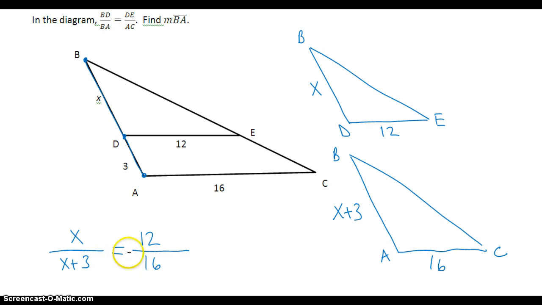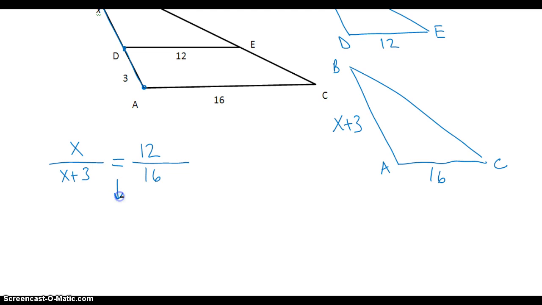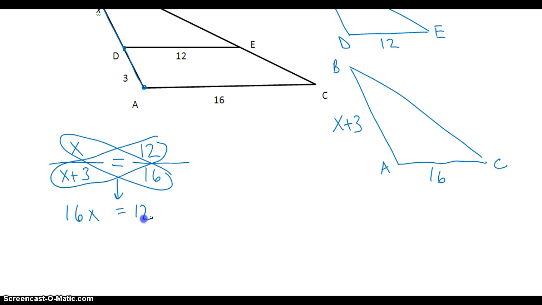At this point, I have a proportion with an equal sign. I can solve. I can drop my equal sign straight down and cross multiply. 16x equals 12 times x plus 3. Notice that x plus 3 gets put into parentheses even though it didn't have parentheses here. I'm taking 12 times this entire denominator, so I need to add in the parentheses.